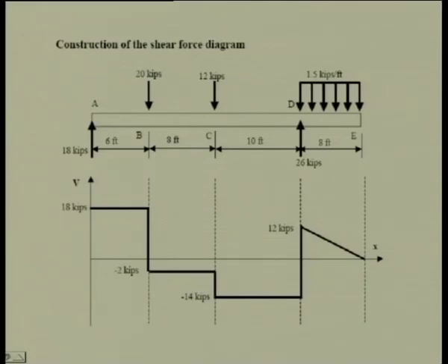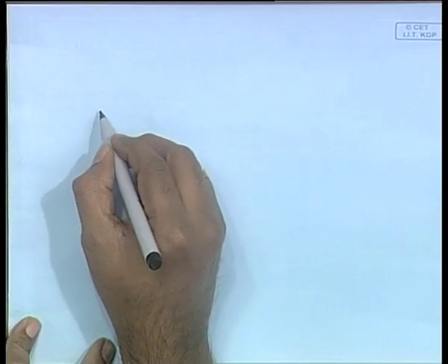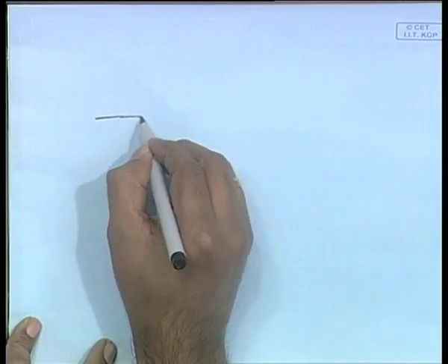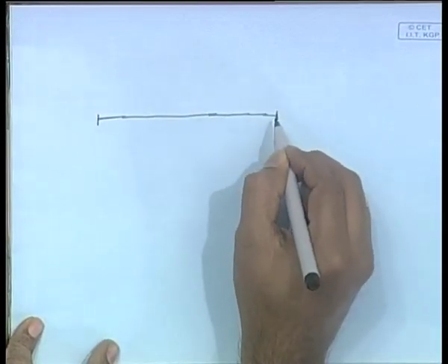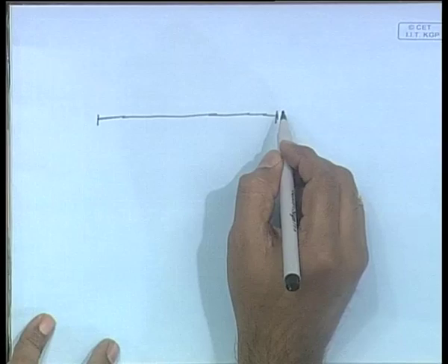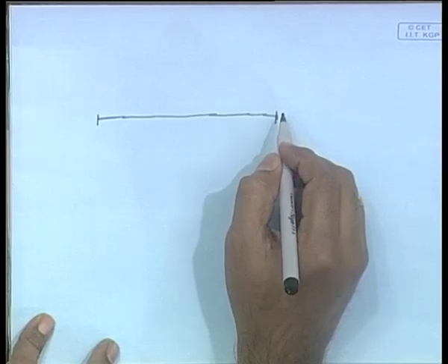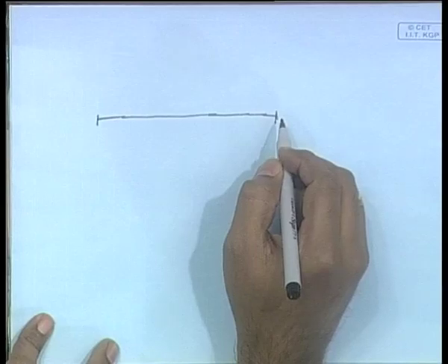Then in case of a ship, similar to this, we will first of all draw for instance the weight curve and the buoyancy curve.